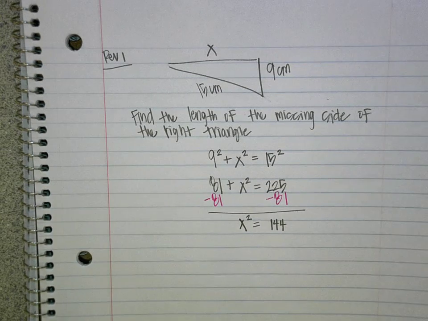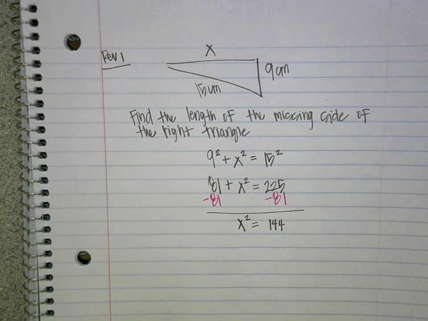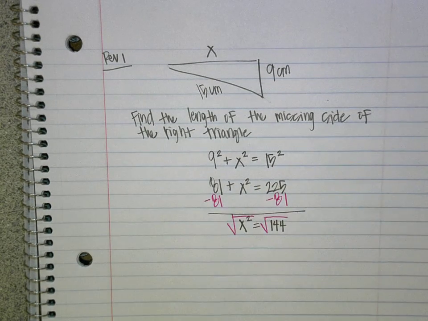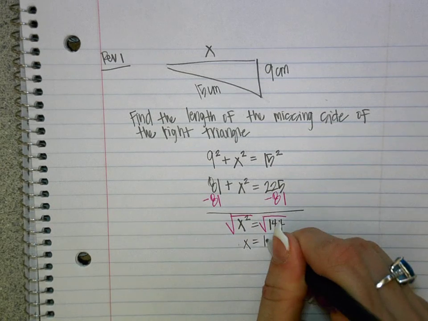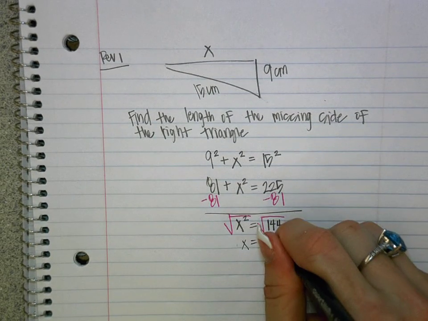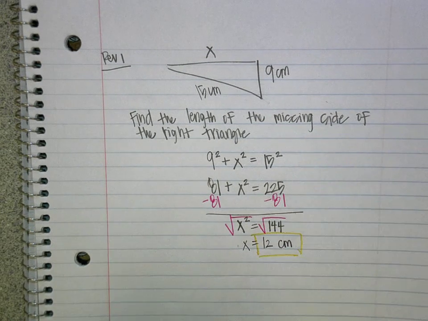So is this side equal to 144? No. How do you solve that? You have to root both sides. What's the square root of 144? 12. So this missing side would be 12, and it's technically centimeters. So you do have to remember a squared plus b squared equals c squared.